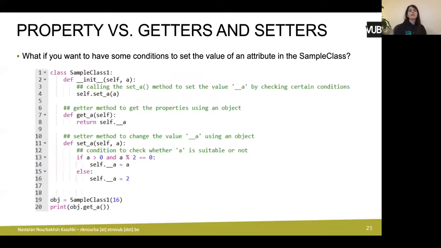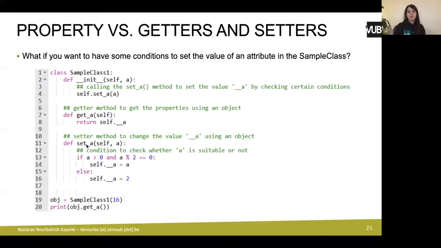So what if you want to have some conditions to set the value of an attribute in the sample class? I just told you, you may think, okay, why didn't we make that instance variable public?